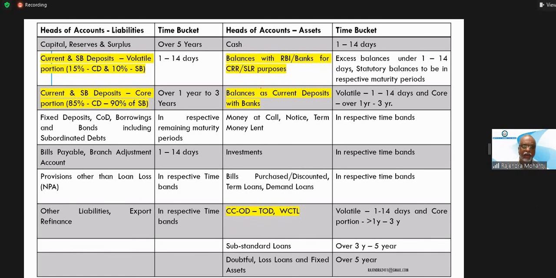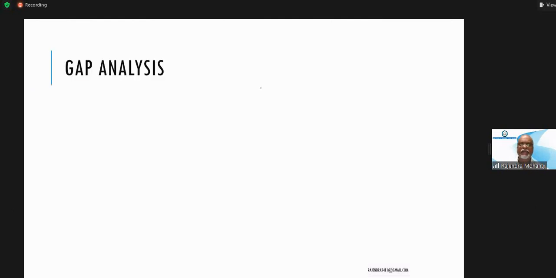Okay. Now, how these liquidity gaps are analyzed, how to prepare yourself today for the future, that is called gap analysis. This gap analysis is one of the important analyses in asset liability management.